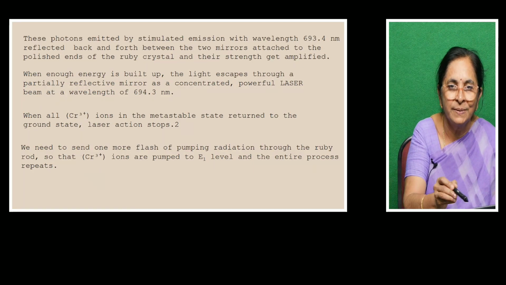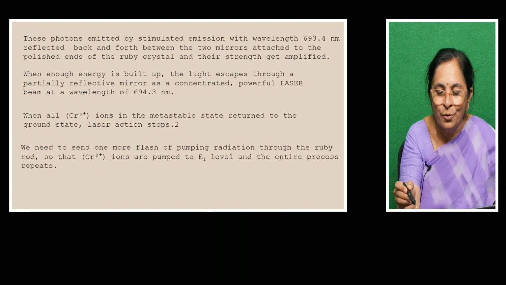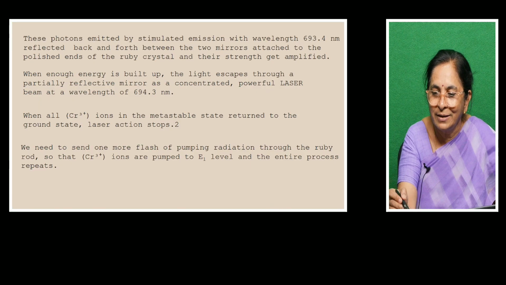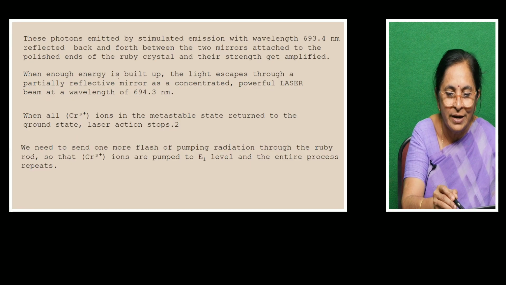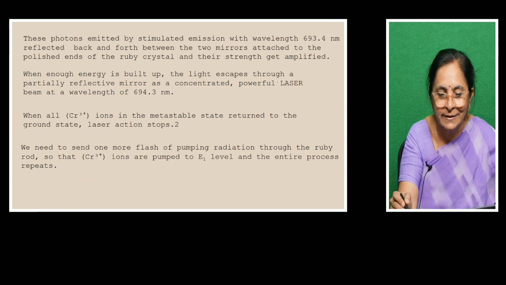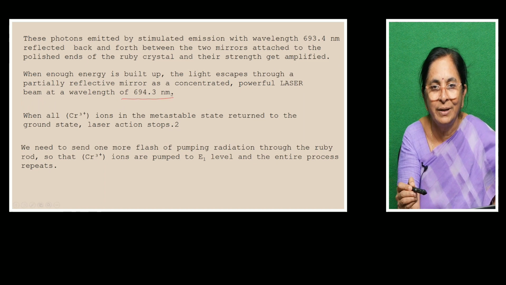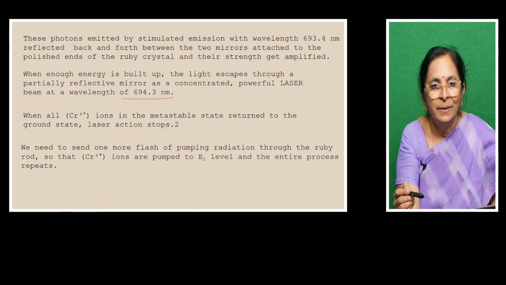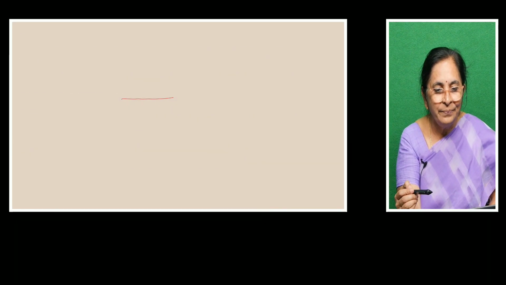As they move forward and backward, they gain more energy and their strength gets amplified. At one point, when enough energy is built up, the light escapes through the partially reflecting mirror and comes out as a photon with a wavelength of 694.3 nanometer.